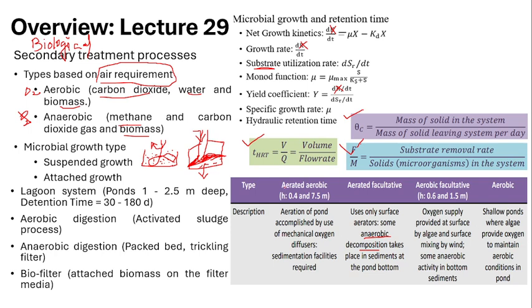If external oxygen is supplied, it is aerated aerobic. If the oxygen supply is mainly by the microorganisms alone, then it is aerobic. And facultative means both aerobic and anaerobic conditions will prevail based upon the oxygen supply. If it is natural, it is aerobic. If it is externally provided, it is aerated.